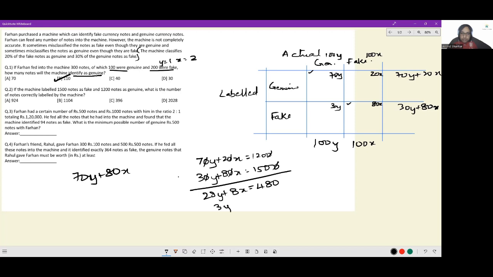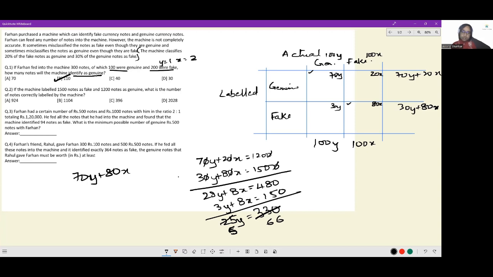And this here will be 3y plus 8x is equal to 150, or 25y will be equal to 330. Now, if 25y is 330, I can get 5y. 5y, I can divide this by 5. How much will I get? I will get 66.